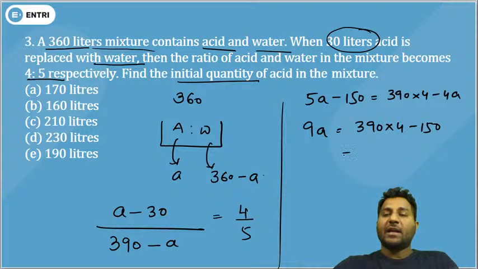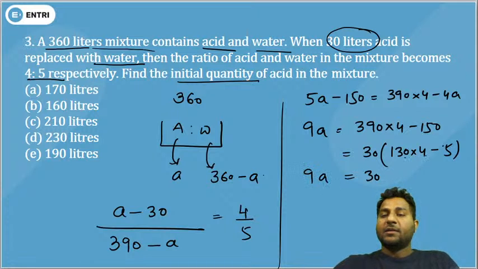Let's take out 30 as common, so 30 times 130 into 4 minus 5.